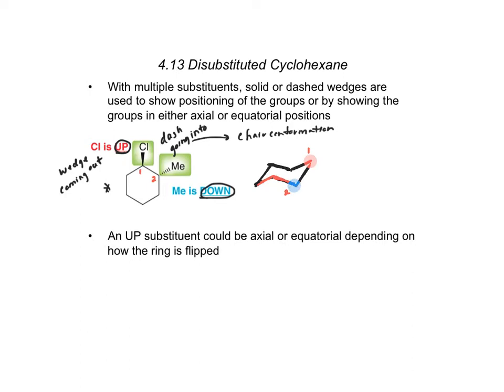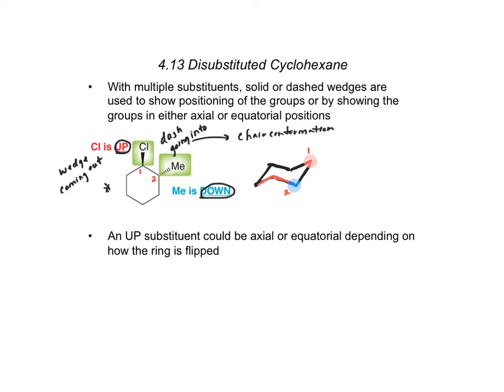Okay? Now, if we look at carbon 1, we have two options, right? We have an axial position, we have an equatorial position. And if we look at our actual molecule here, right, so again, this is carbon 1, who is up in this position? Is it the axial position or is it the equatorial position? The axial. It's the axial, all right? So again, what we mean by up is we're coming above the plane of the actual ring.